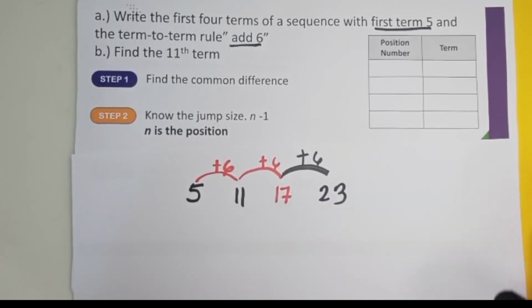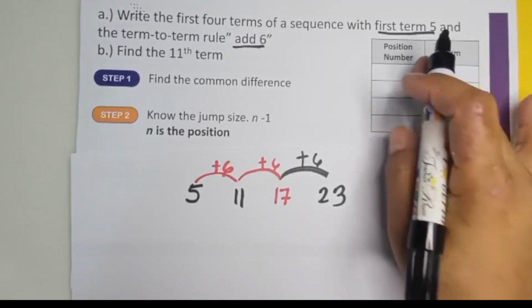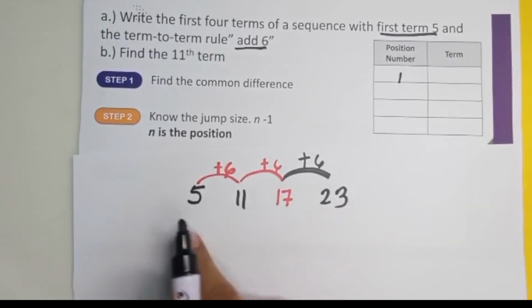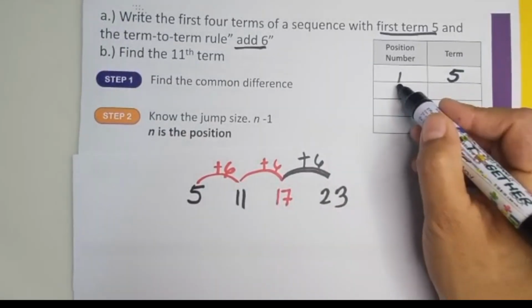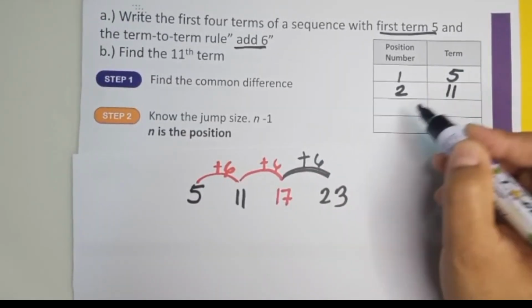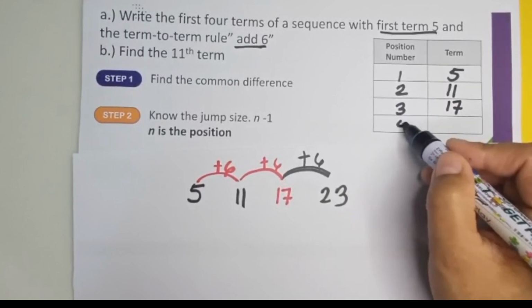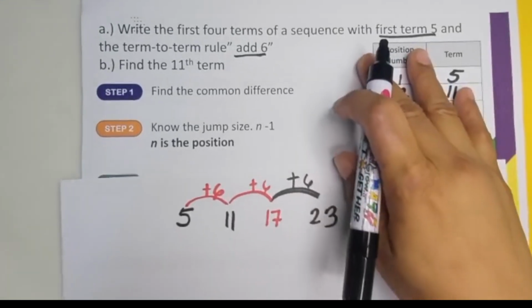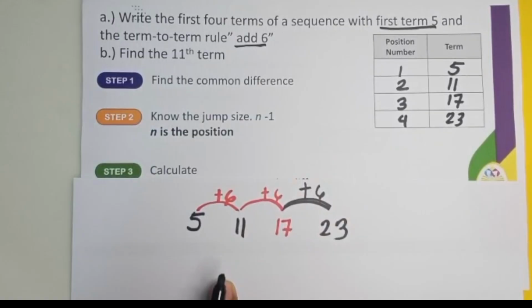Since we already have our sequence, I'll put it in here. Position number 1 is 5, position number 2 is 11, number 3 is 17, and number 4 is 23. Now we can find the common difference.